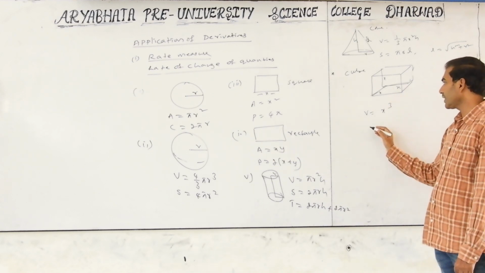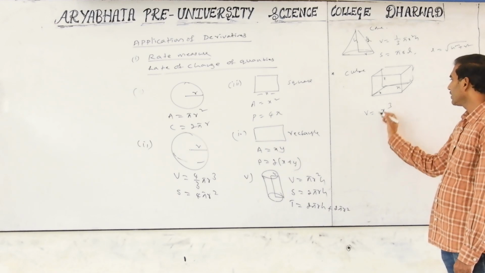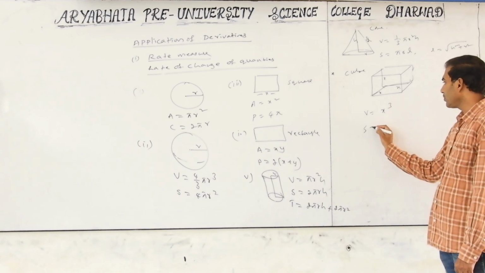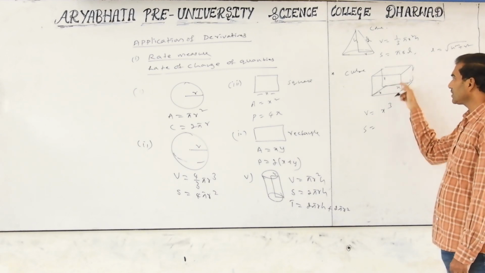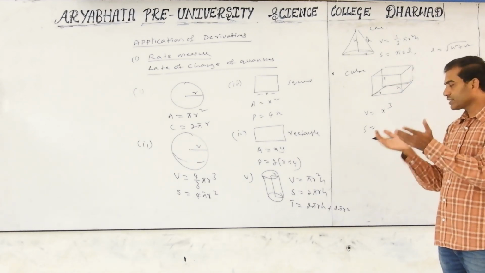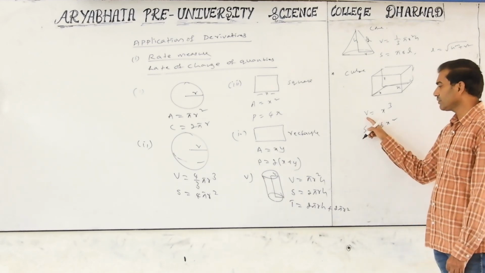Value of cube is x cube, where x is the edge. Next, surface area of cube equals: one area is x square. How many faces are there? 6 faces. 6 into x square. This is surface area of cube. This is volume of cube.